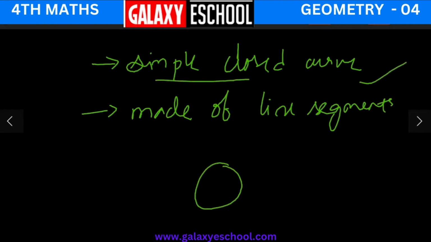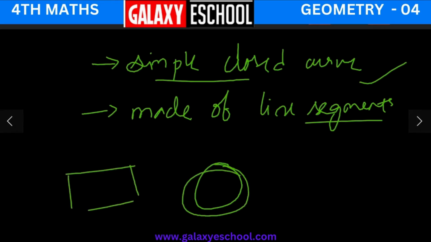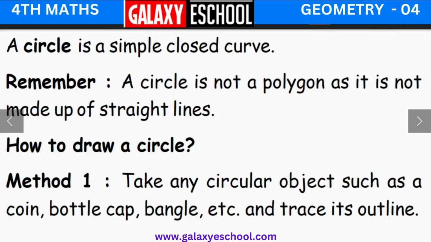Yes, the curve is not crossing, so the circle is a simple closed curve. But is it made of line segments? No, it is made of a curve. There are no line segments in our circle. So as only one condition is satisfied, it is a simple closed curve, but it is not made up of line segments. So for this reason, a circle is not a polygon.